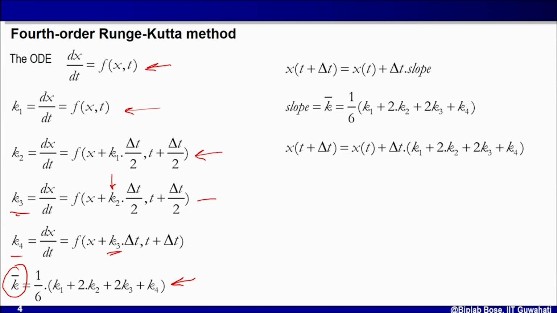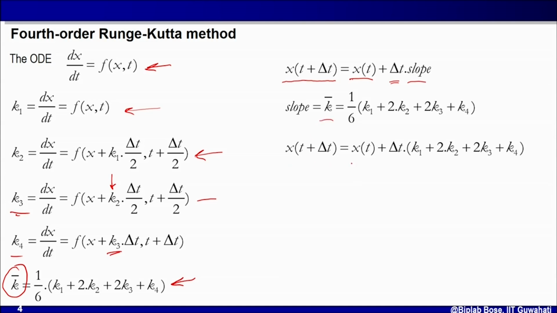In general, as we have learned in case of Euler's method, x at a new time point, that is x at t plus delta t, is equal to x at the older time point, that is x at time t, plus the increment in time delta t into slope. Here we will use the average slope K bar.